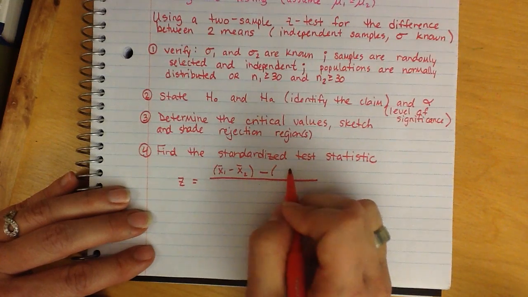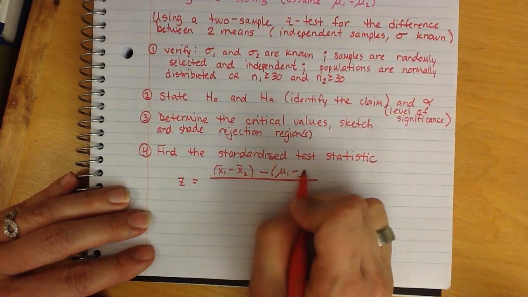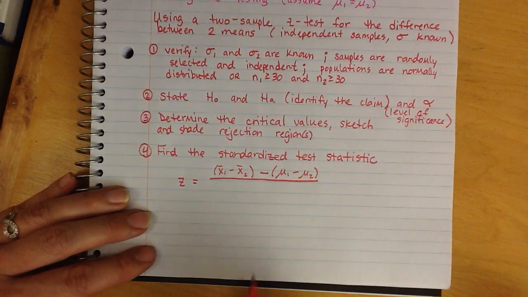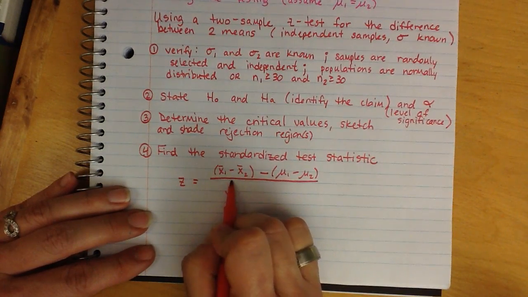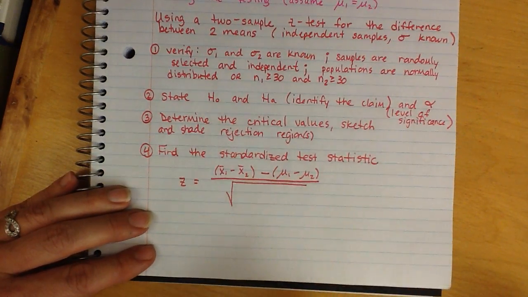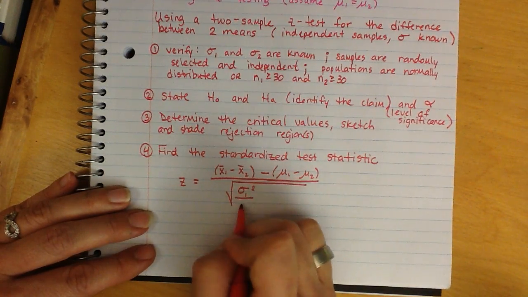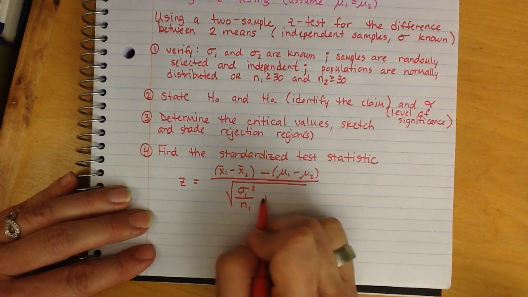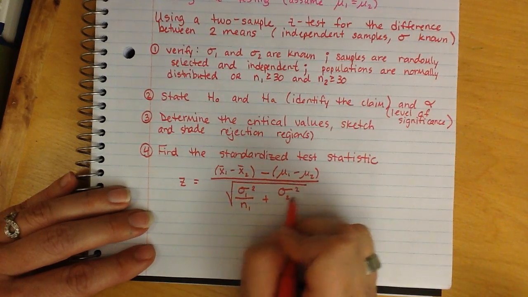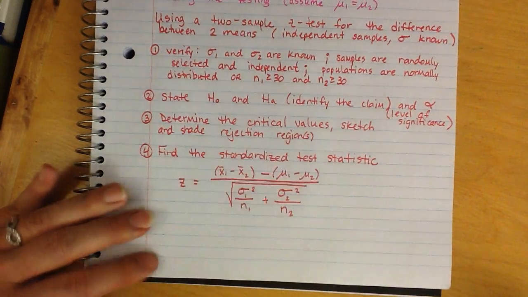Subtract from that mu 1 minus mu 2. And then we divide by this big square root. The big square root has sigma 1 squared divided by n1 plus sigma 2 squared divided by n2.